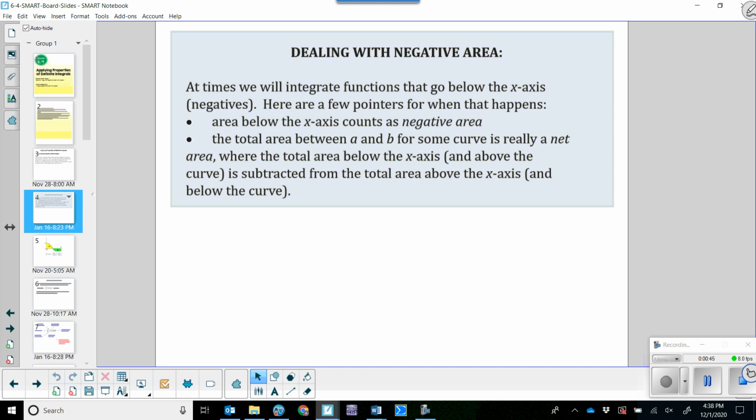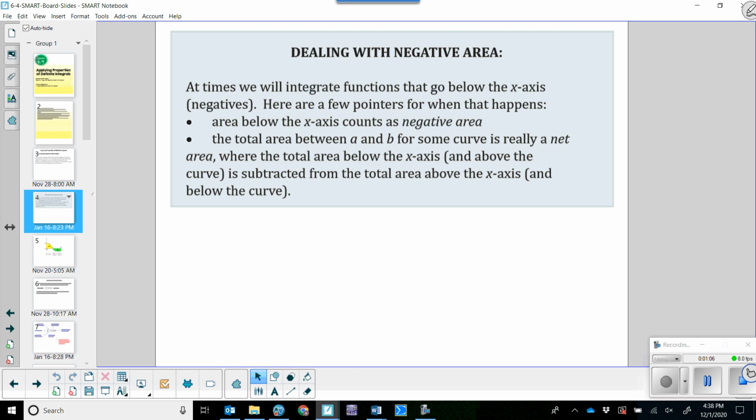Now, sometimes the functions we've been working with were above the x-axis, but sometimes they go below the x-axis. If the function goes below the x-axis, we're still finding the area between the curve and the x-axis, but if it's under the x-axis, it's negative area.